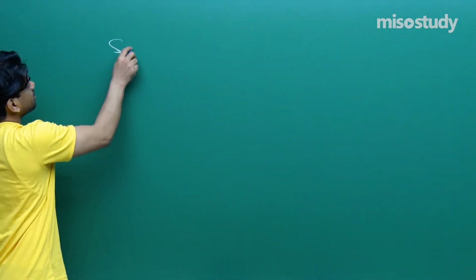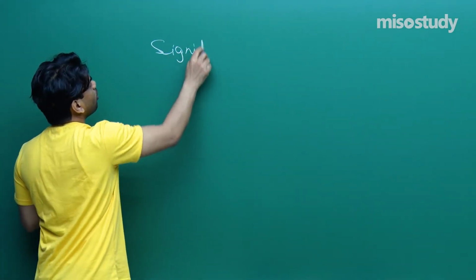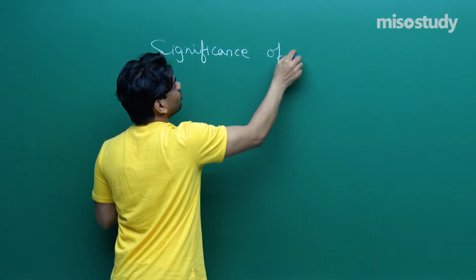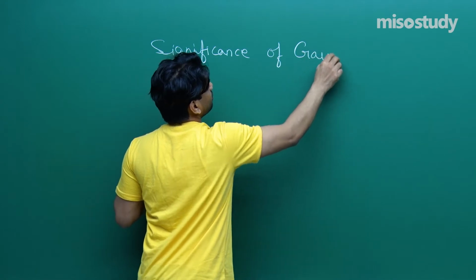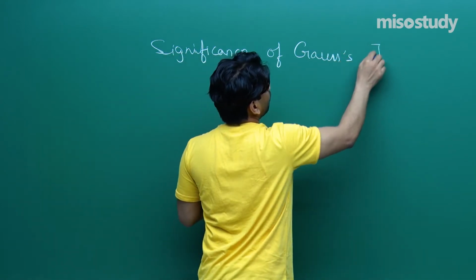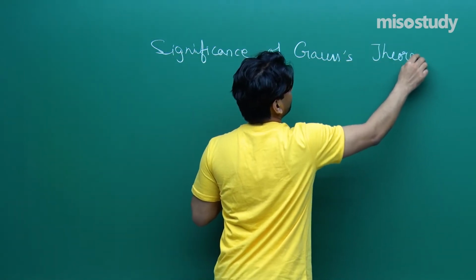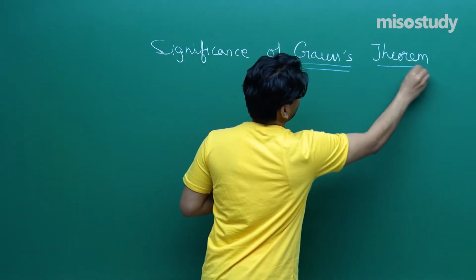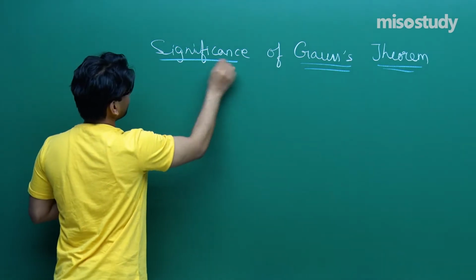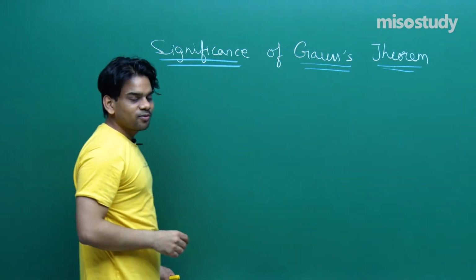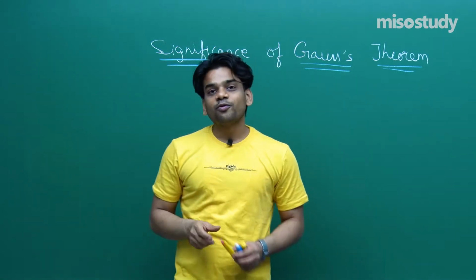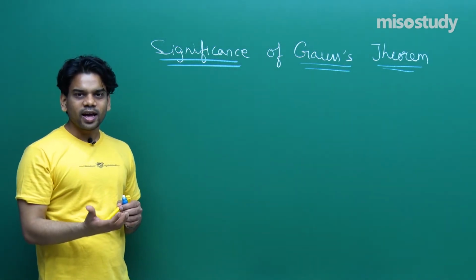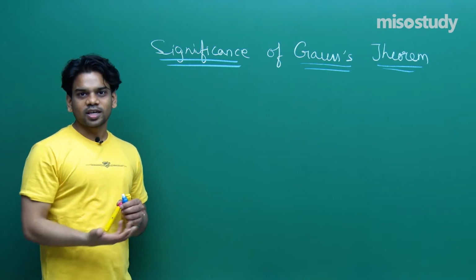Let's begin with the significance of Gauss theorem, or you can say Gauss law. I've used the term Gauss theorem every time. Now, one thing is required while using the Gauss theorem. First of all, I told you there will be charges distributed and we have to enclose the charges.